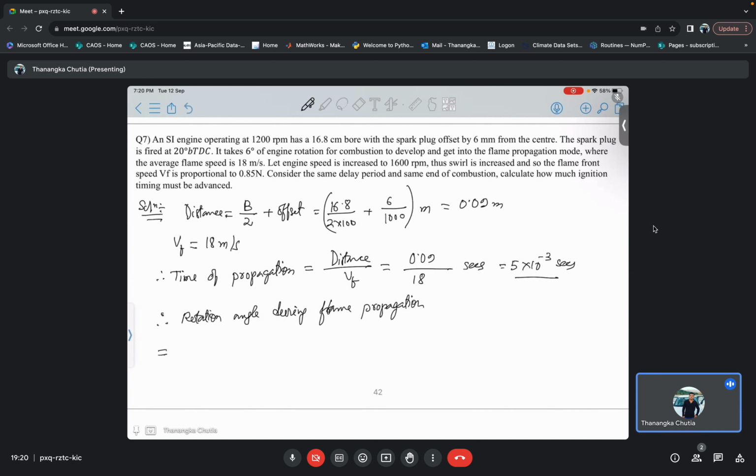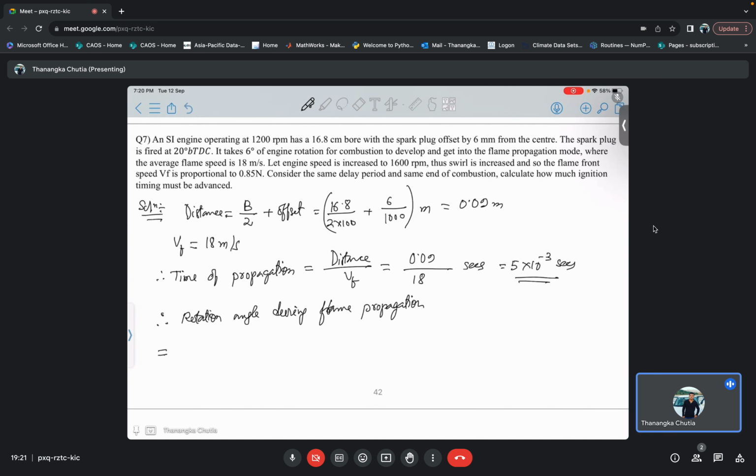One revolution takes 360 degree. You have the RPM, number of revolutions per second, and you have the time. So we will first calculate the number of revolutions completed in 5 into 10 to the power minus 3 seconds.